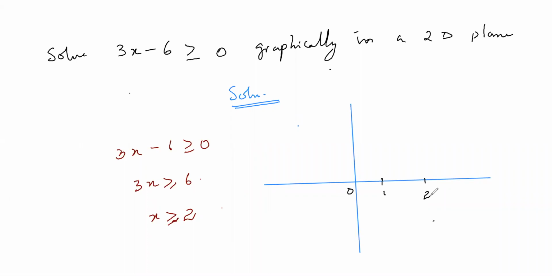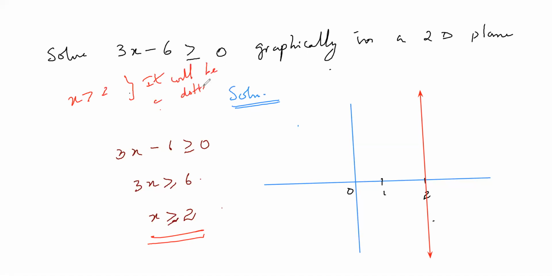So what I will do is draw one line here at 2. If it is greater than or equal to, it will be a bold line like this. But if I only get x greater than 2, it will be a dotted line.